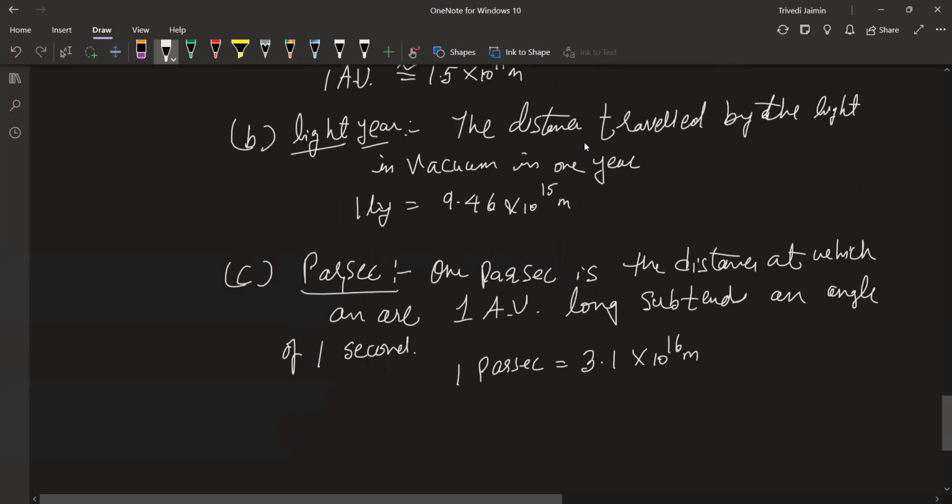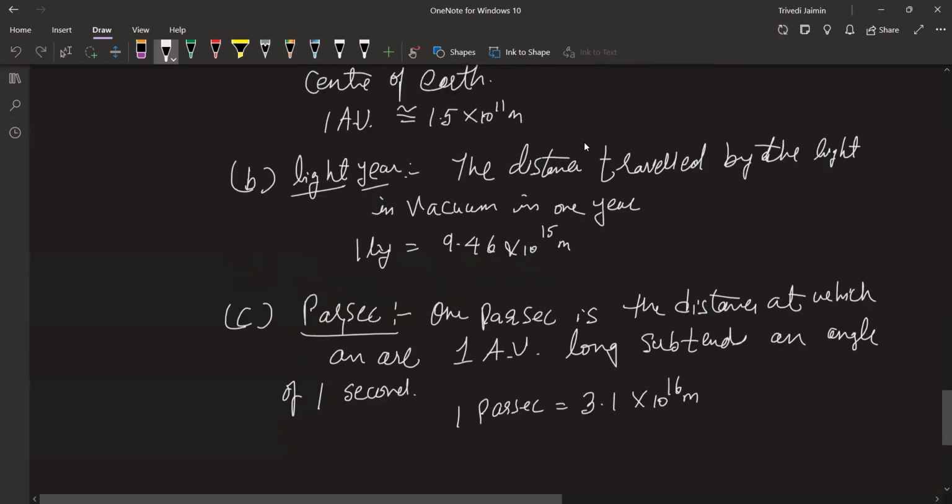Sir, can you explain this one more? See, 1 parsec is the distance at which an arc 1 AU long. What is 1 AU? 1.5 into 10 to the power 11 meter long. It subtends an angle of 1 second, meaning in 1 second this much arc it will cover.